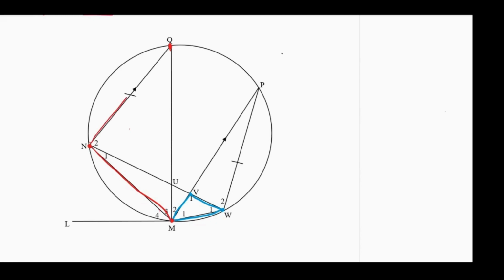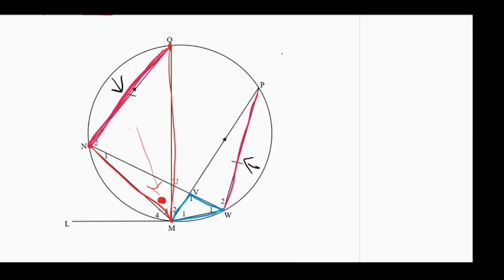So it looks like that. So we're going to prove the similarity of these triangles, right? So the first thing we can pick up here is this. As you can see, these triangles. This is a chord, right, which is equal to this chord, right? So I'm just going to highlight the equal chords with a different color. So this chord here that I highlighted is equal to this chord here. So the fact that these two chords are equal, they'll produce equal angles. So it will produce an angle here.